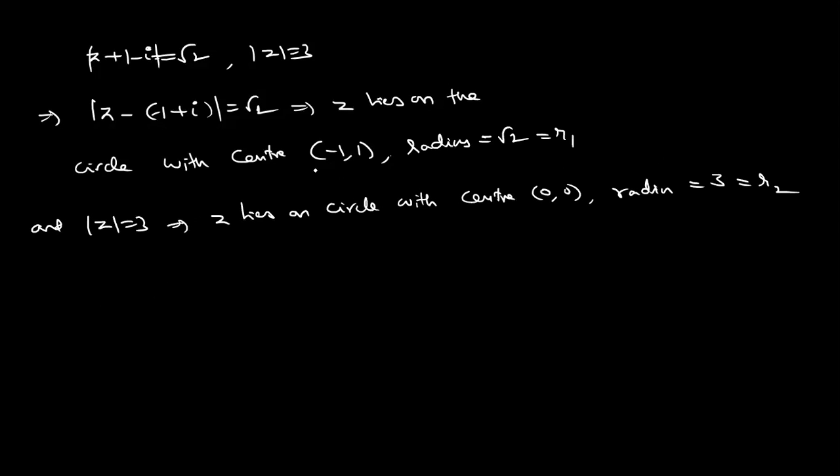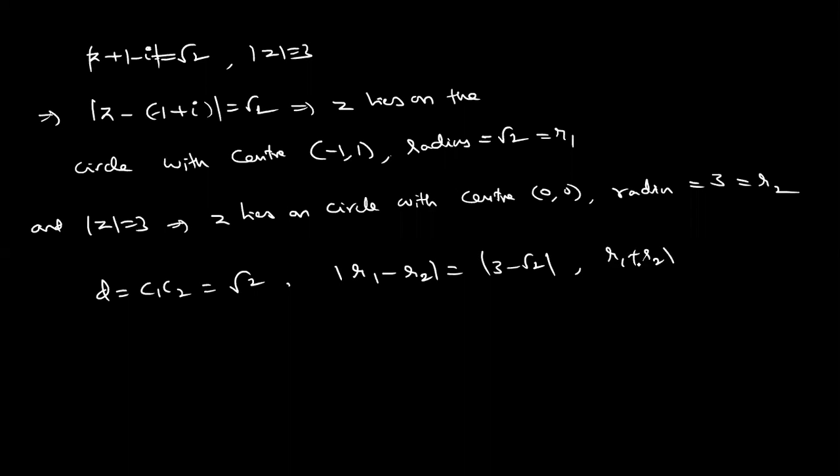Dear students, see the distance between these two centers. How much is coming, anyone? Root 2, accepting? What about the modulus of R1 plus R2 or R1 minus R2? R1 minus R2 is 3 minus root 2, and R1 plus R2 is 3 plus root 2.